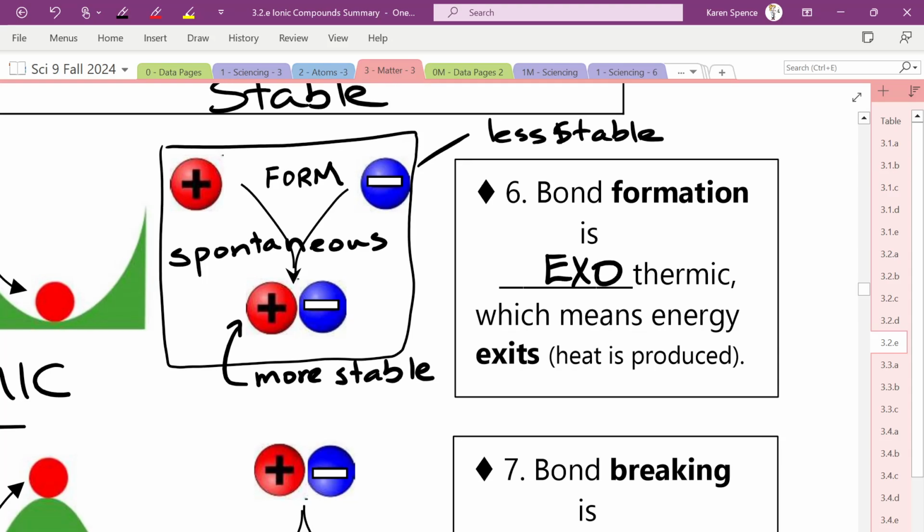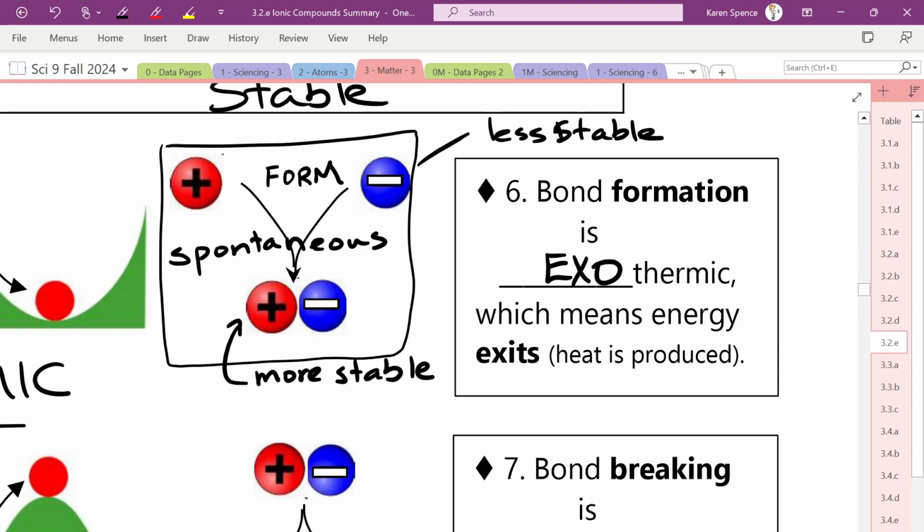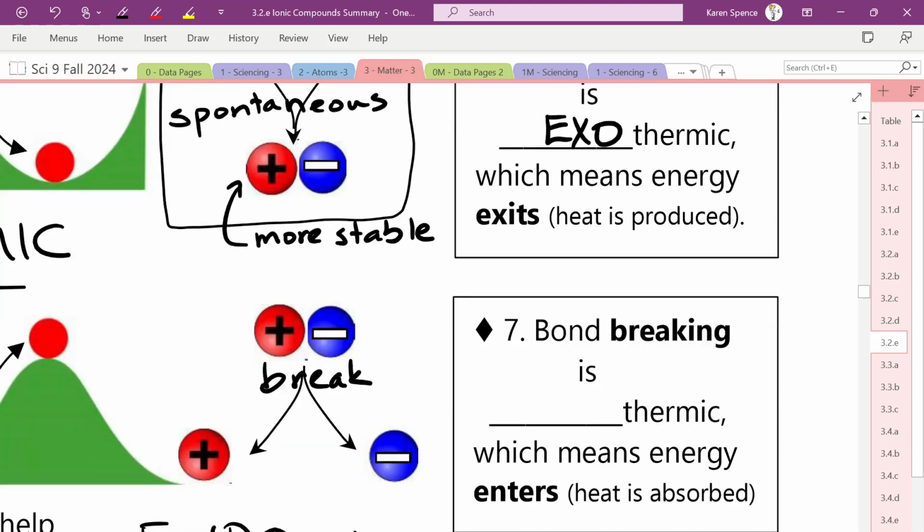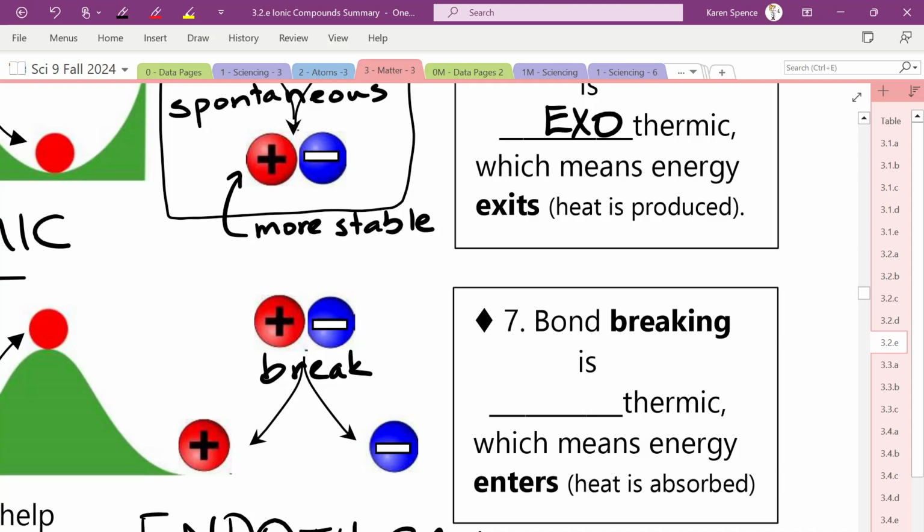Now, if we take our ionic bond and we break it apart, is that going to happen on its own or is something going to have to put energy in to rip them apart? Are those particles going to move apart all on their own? No, this is non-spontaneous.